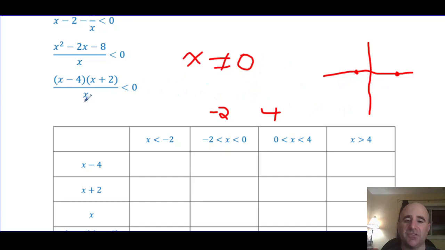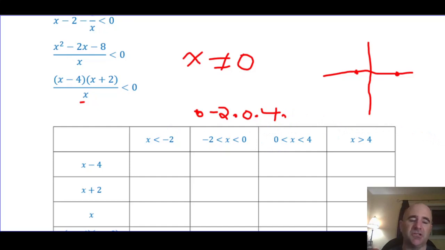So x equals 0 is a vertical asymptote, so there's another place where the graph can switch from positive to negative or vice versa. So in this case, I have 3 important values that split the graph up into 4 regions: before negative 2, between negative 2 and 0, between 0 and 4, and after 4. And sure enough, there's my 4 regions right there.